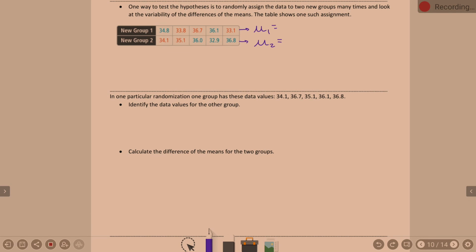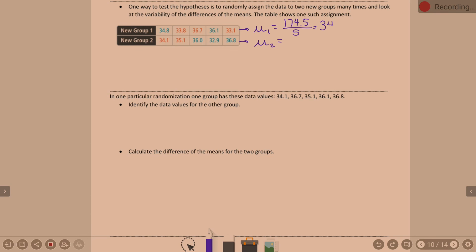What are we getting for the average of group 1? 34.9.